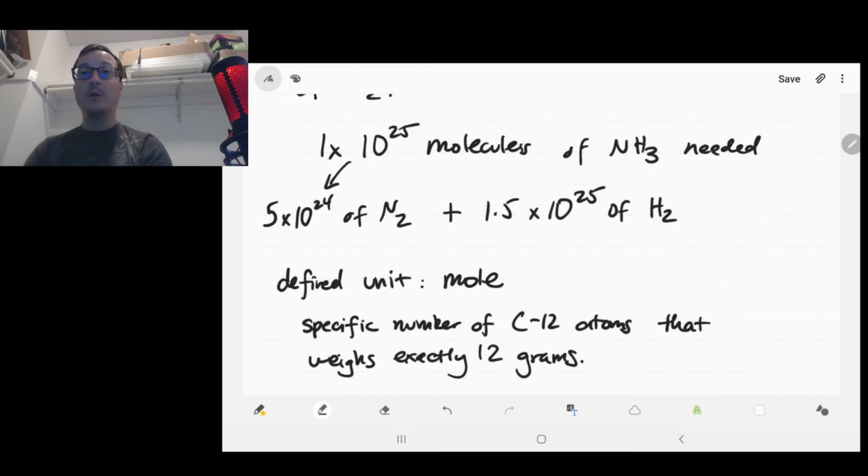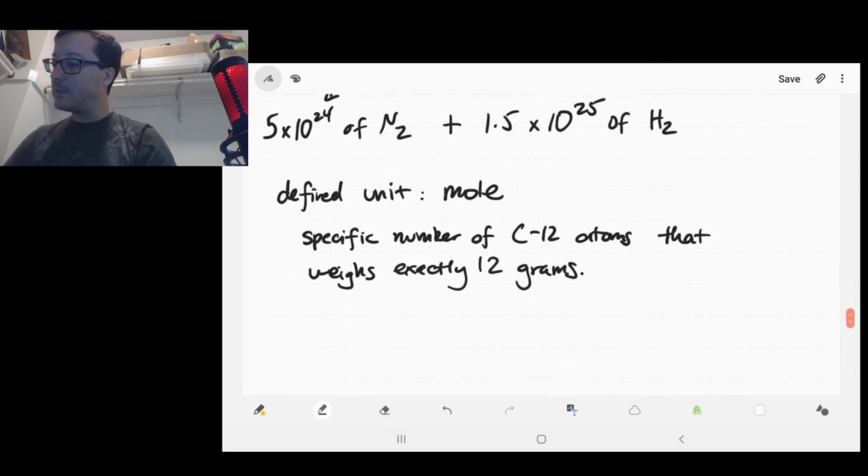This is what a mole was defined as. It's that number of carbon-12 atoms that will weigh 12 grams. And so this brings us from the atomic level to grams, something we can measure. 12 grams is 2 teaspoons or so of carbon-12, I would say, of charcoal. That's about how much we're talking about.